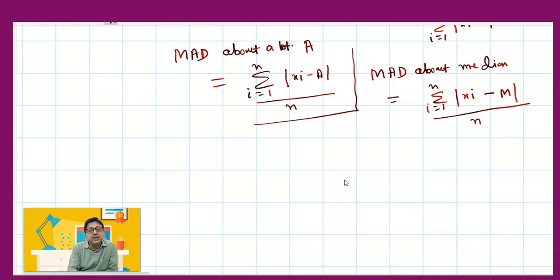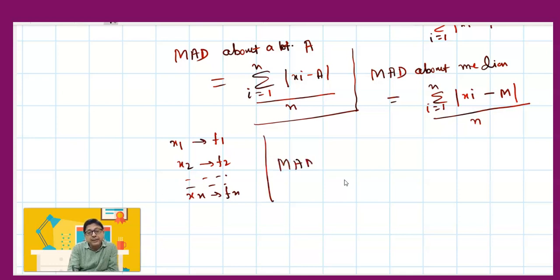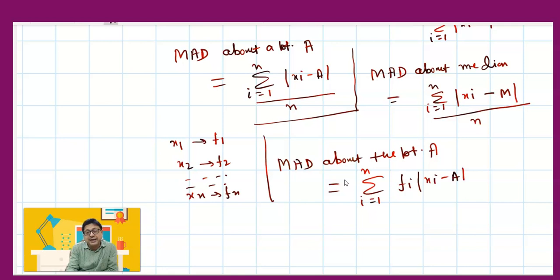If frequency distributions are given, like suppose the observation x1 is coming f1 times, x2 coming f2 times, and xn going to be fn times, then the MAD about the point A will be sigma i equal to 1 to n fi into mod of xi minus A, that divided by sigma i equal to 1 to n fi.